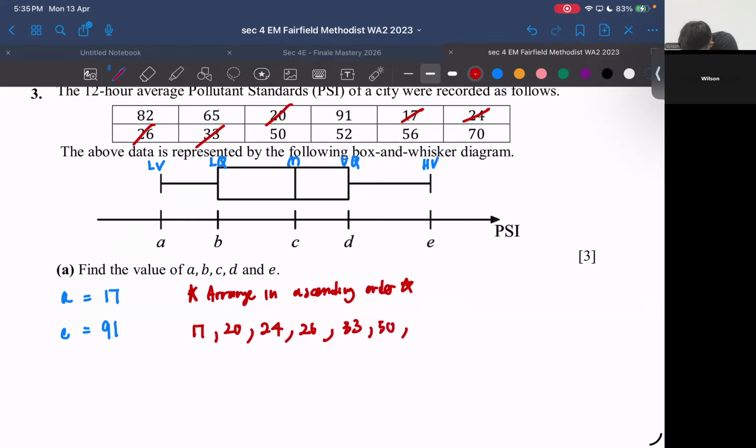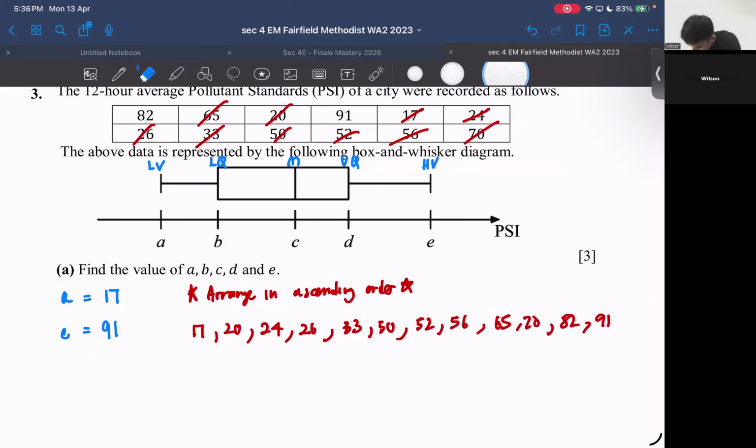Okay, 50 over here, 52, 56, 70. Oh, 65. Oh my goodness. This is what happens when you grow older. 65, 70, 82, and 91 over here. Okay, so I should have all the 12 data over here. Very nicely arranged in ascending order.